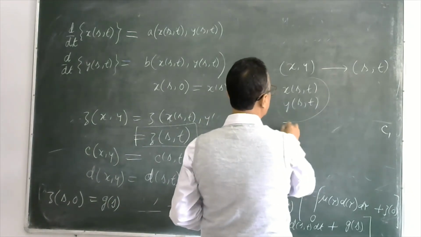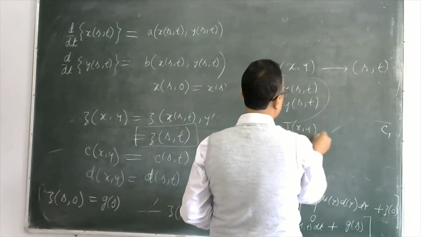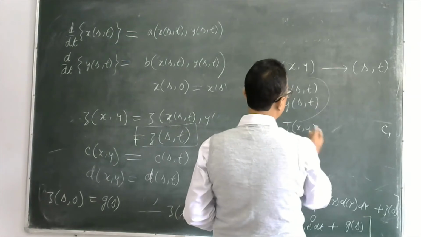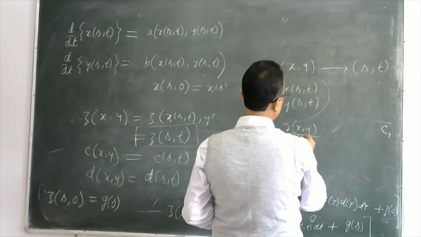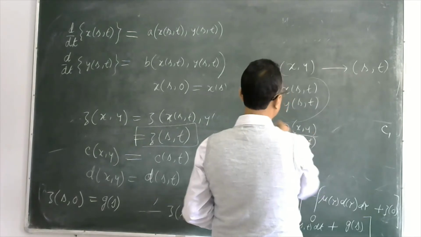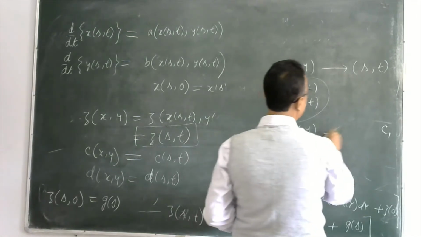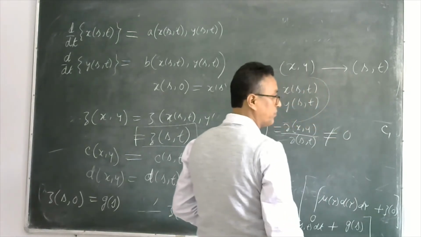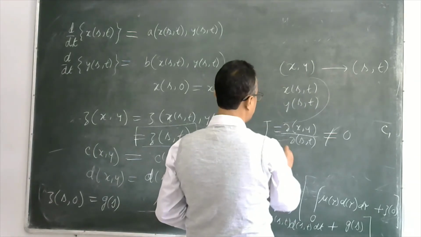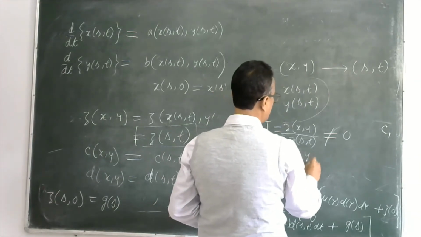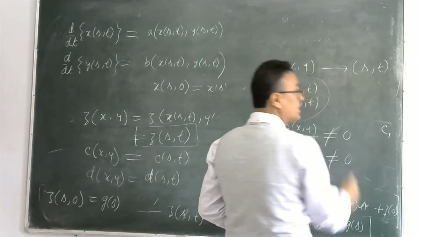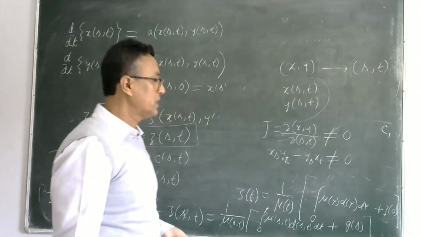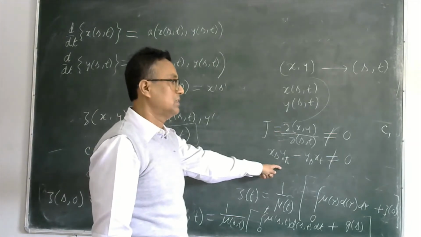The Jacobian of x, y with respect to s, t, J given by this, must be non-vanishing, right? So that means x_s y_t minus y_s x_t must be non-vanishing. Is it okay? So this condition has to be there.